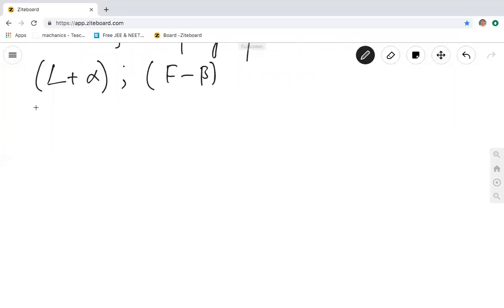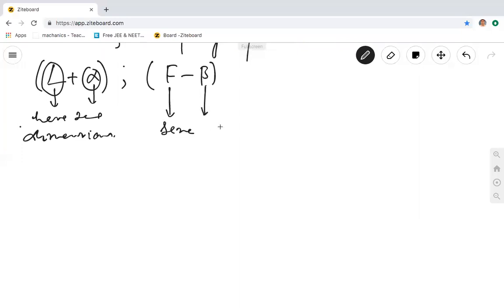This tells us this L and this alpha have the same dimensions, because they have been added. You can add two quantities only if they have the same dimensions. And this F, maybe this is force and this is beta, same dimensions. Why? They have been subtracted.